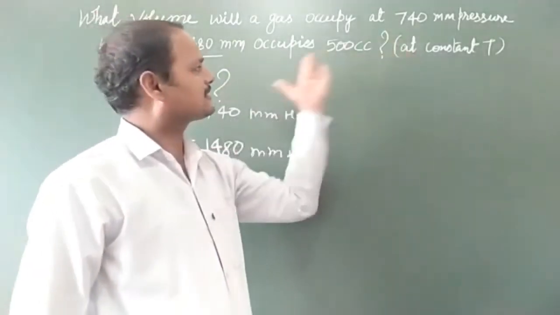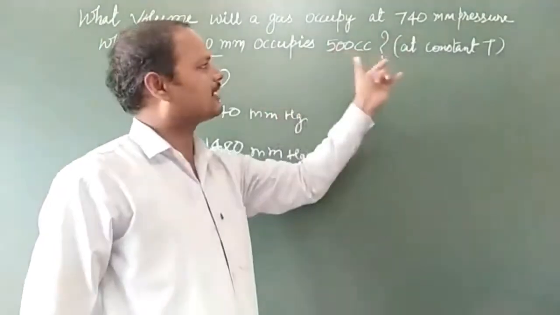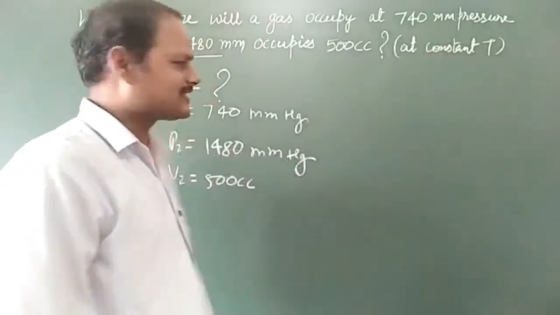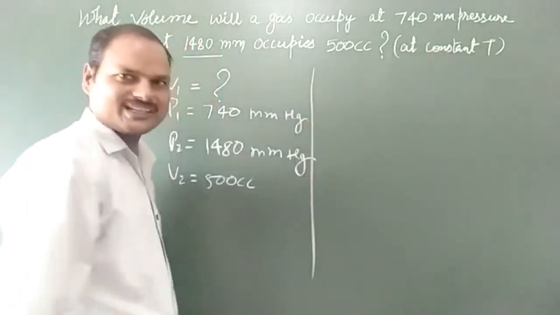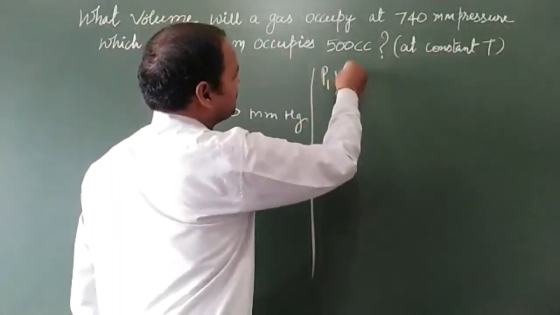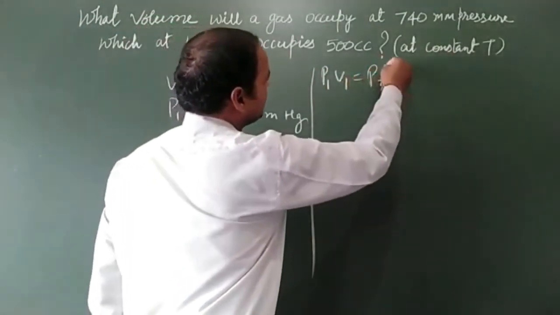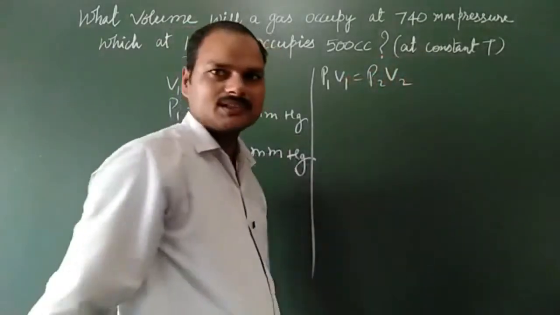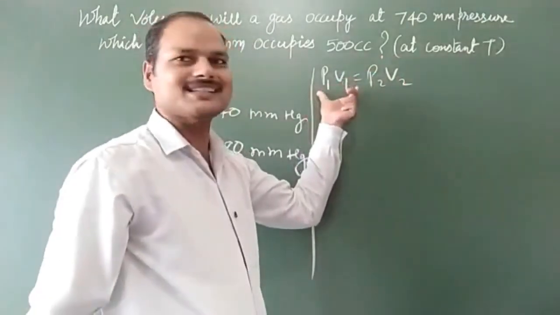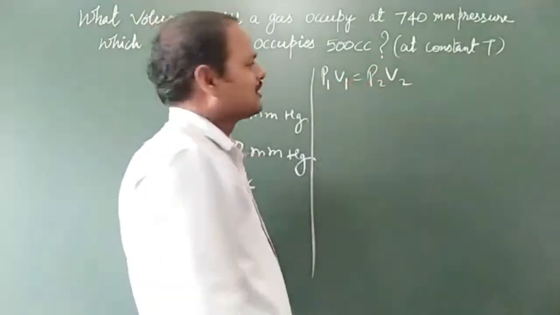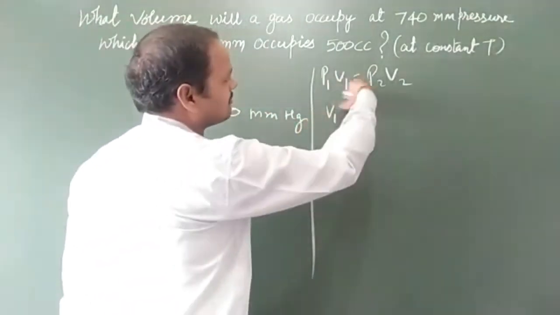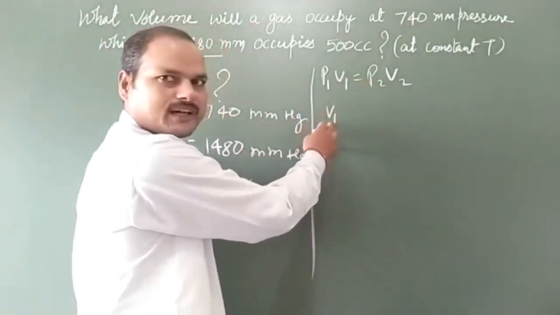These gases are under different conditions at constant temperature, so we need the equation through which we can solve this numerical, that is P1 V1 is equal to P2 V2. This equation is known as the Boyle's law equation. So we require V1, so rearrange this equation to solve for V1.